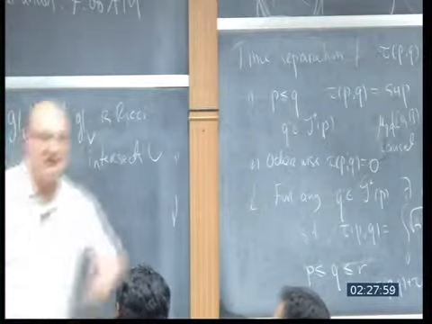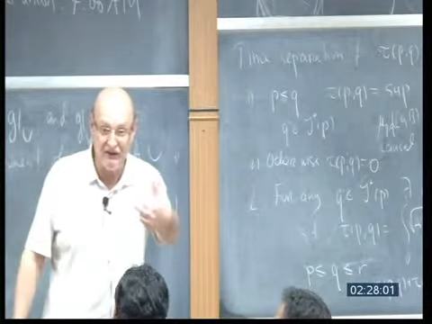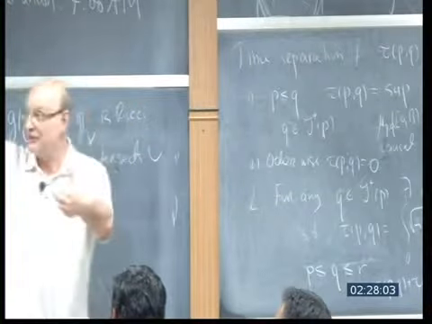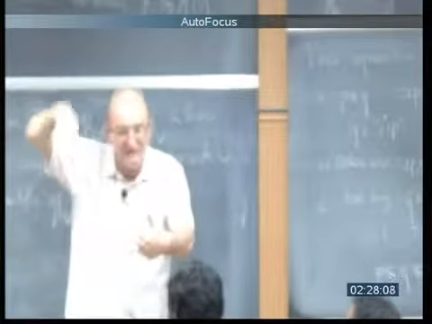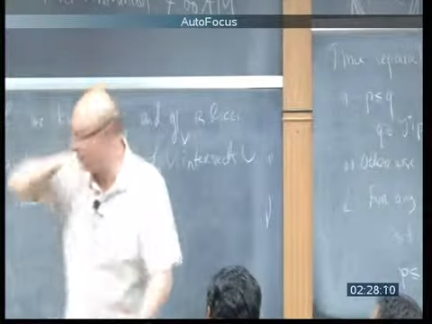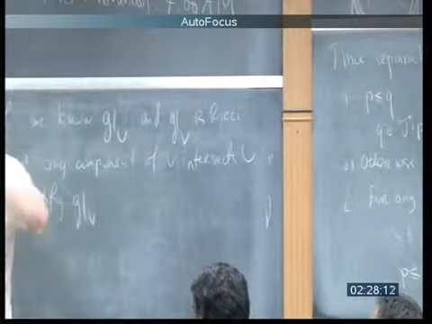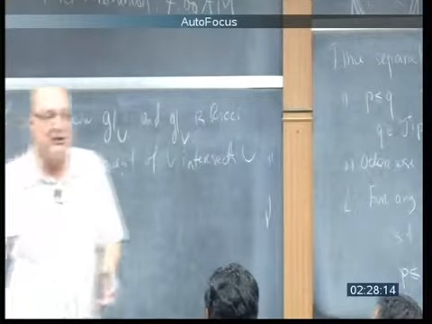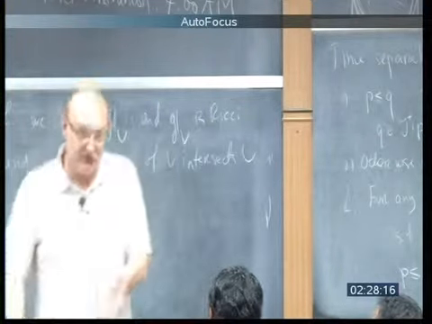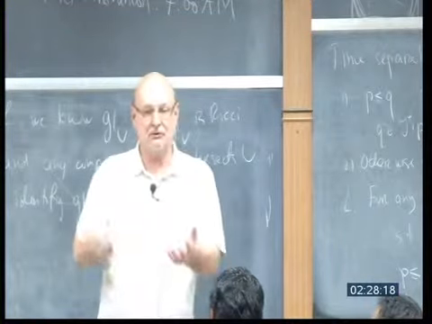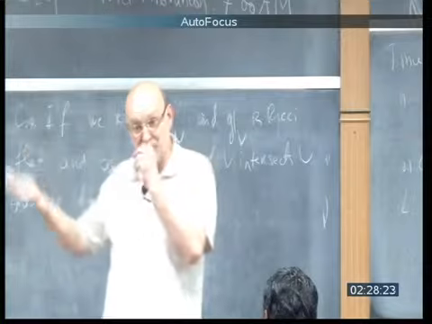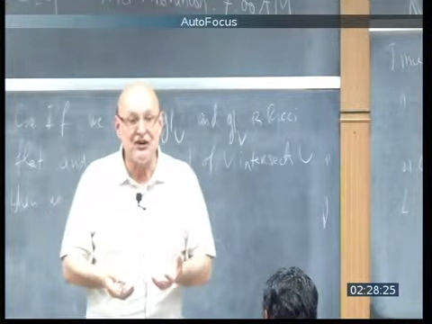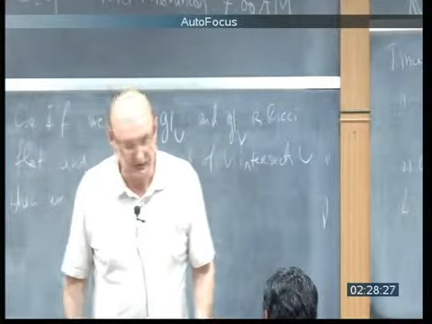So each Q will give its own function. Like in the Riemannian case, x inside gives you the distance function to the boundary. Another x is another distance function. So one Q will give you one function, another Q gives you another function. And then on this set of functions, you extract from it a topology that is equivalent to the topology of V, then extract the differential structure, and then extract G.